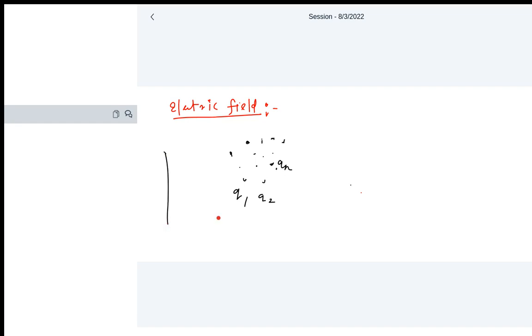So we can assume a coordinate system, that is the x-axis, y-axis, and z-axis. From this origin, the distance of Q1 is R1, the distance of Q2 is R2, and the distance of Qn is Rn.